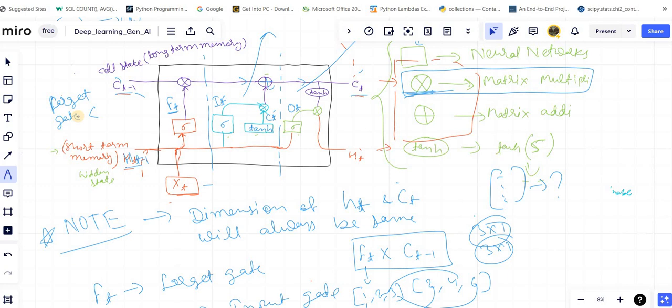And whatever value comes here goes on as ct, and one part of that is multiplied with ot, and that will be the ht.